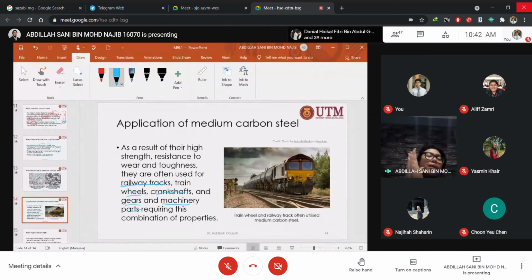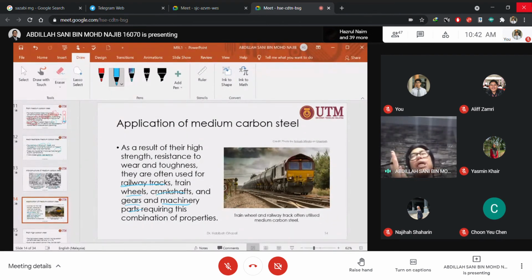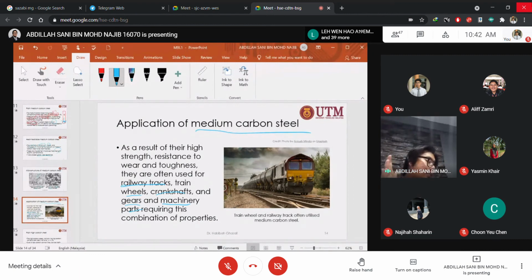When it involves friction, it can be worn, so it needs a high wear resistant material. It is just nice for medium carbon steel because the surface can be heat treated to martensite, and when it's hard, it has high wear resistance. The hardened surface, we call it the shell, is hard, and on the inside, we maintain the ductility, we call it the core. The core remains ductile.